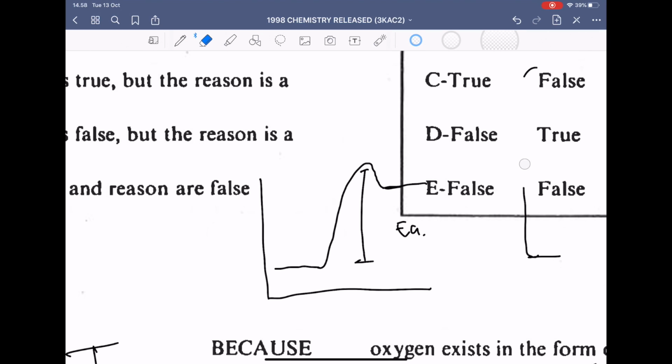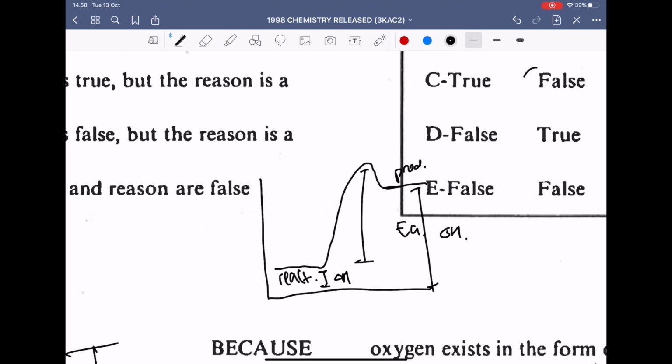Because most exothermic reactions are spontaneous. But in this case, no, endothermic reactions have very high activation energy. And same as before, this is the reactant, and this is the product. We can see that the enthalpy value of the reactants is significantly lower than the enthalpy value of the product. That's because energy is added for an endothermic reaction to occur.